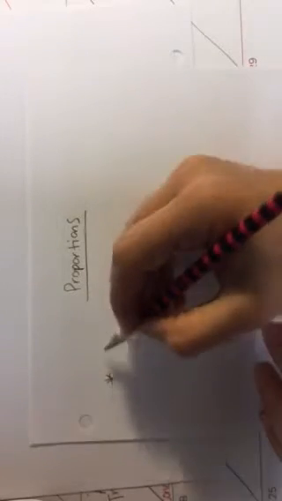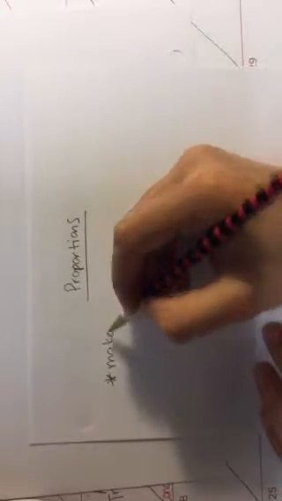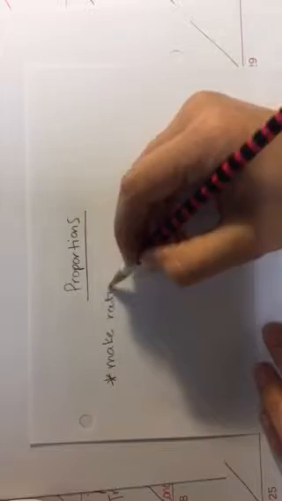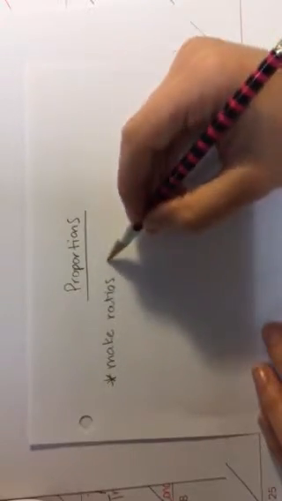Essentially you make ratios, so I'll make this little note. Make ratios, that's also another word for fractions. Make ratios equivalent. Equivalent meaning equal. Making them equivalent, or in other words, cross multiply and divide.